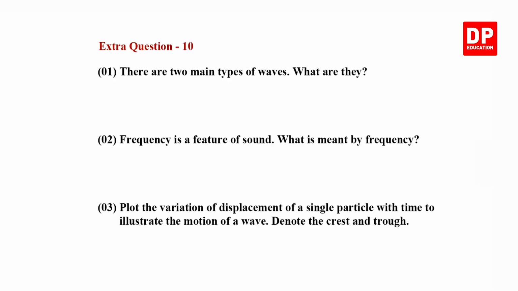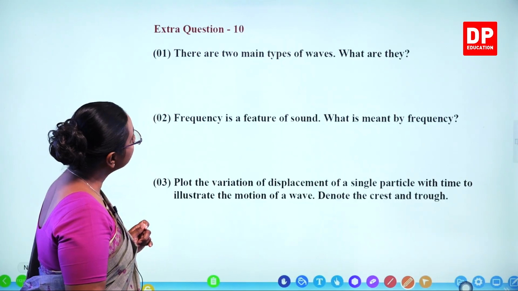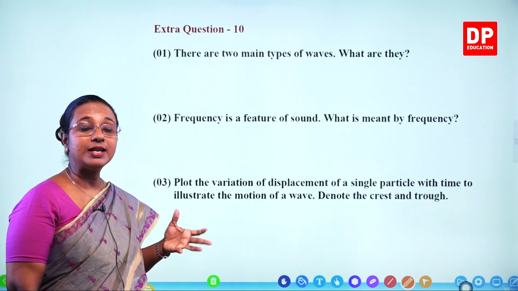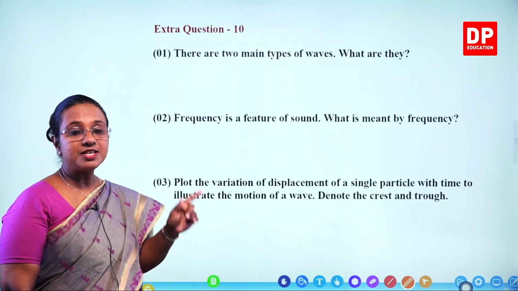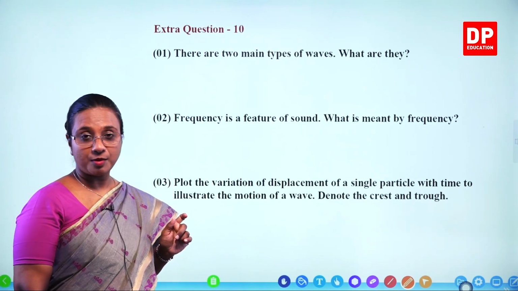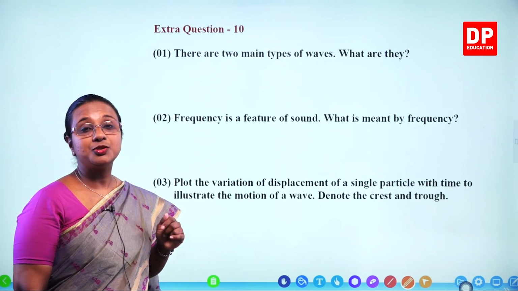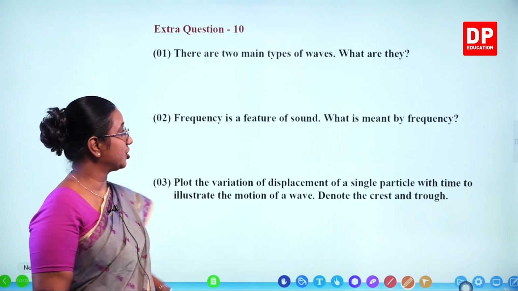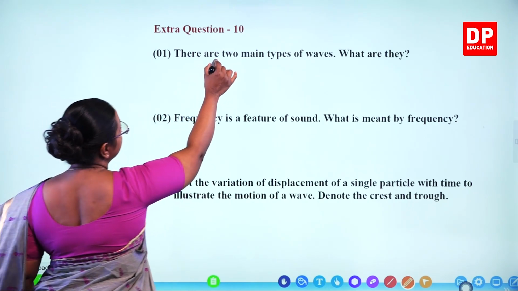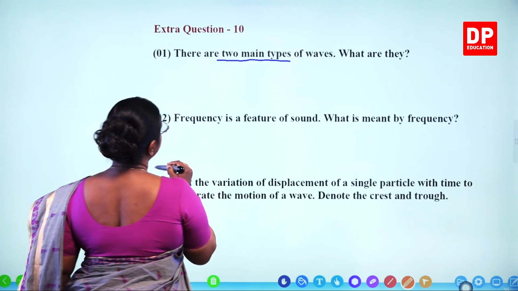Extra question 10. There are two main types of waves. What are they? What are the two main types? Mechanical waves that need a medium for propagation and electromagnetic waves that do not need a medium for propagation. So here you only need to write the two main types of waves.